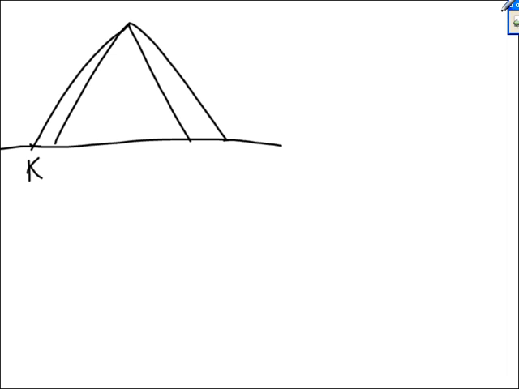K, M, O, P, and we'll call this R. Angle 3, angle 4, angle 5. Well, that's probably not 5. This is 5 and that's 6. And I'm not saying any of them are equal to one another.